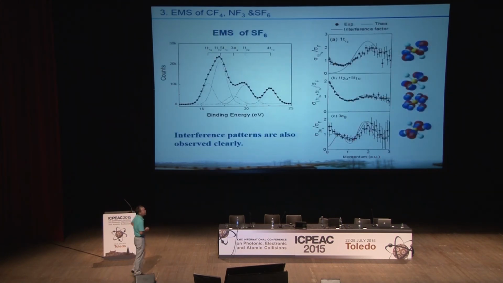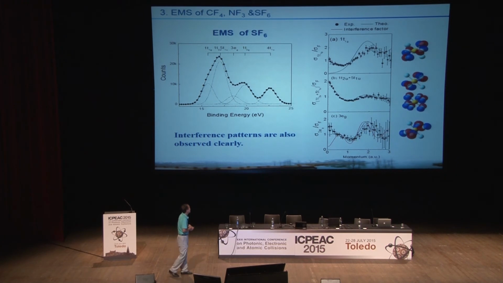This picture shows the results of the SF6. This is the binding energy spectrum. So we can assign the peaks and obtain the experimental electron momentum profiles, and then we can also obtain the interference factor.